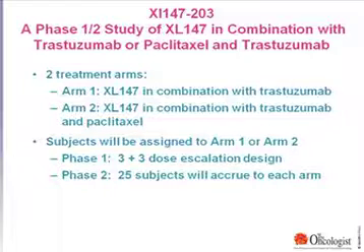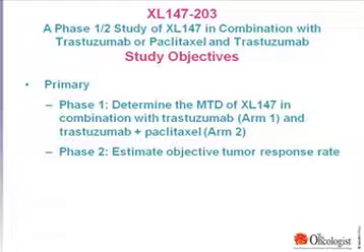And then the last study is in patients that have received trastuzumab and have failed. Again, a 2-arm study with 147. Arm 1 compares 147 in combination with trastuzumab, and arm 2 studies the combination with trastuzumab and paclitaxel. These are important questions.